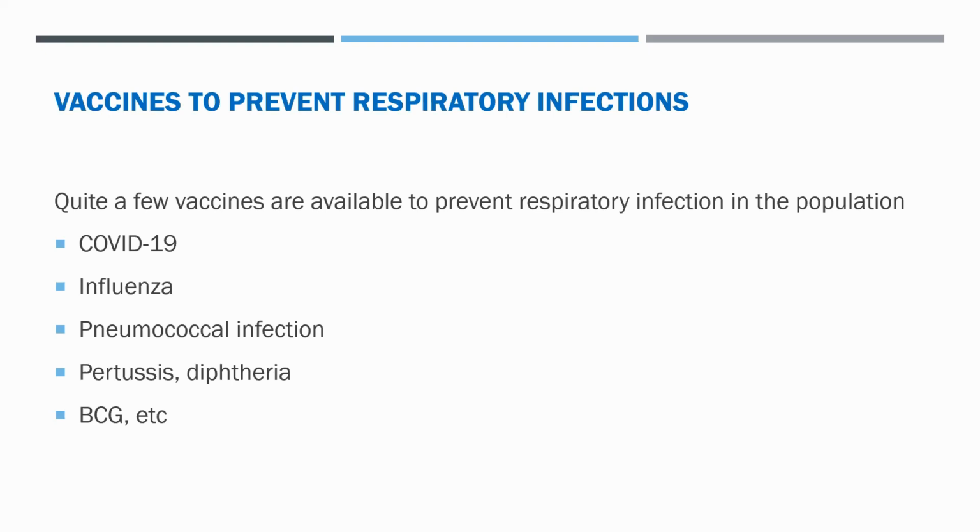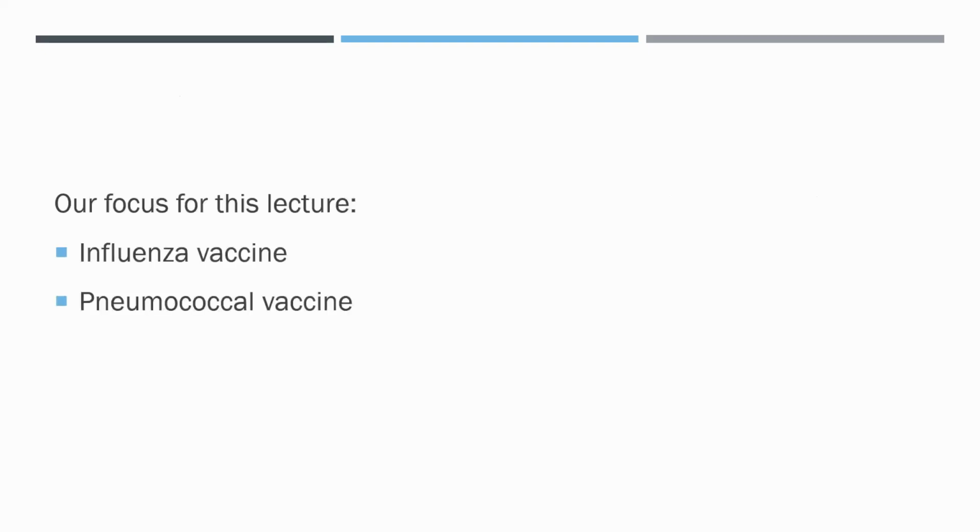This is mainly to prevent the dissemination of TB as well as TB meningitis in children. But our focus for this lecture will be on the influenza vaccine as well as the pneumococcal vaccine.